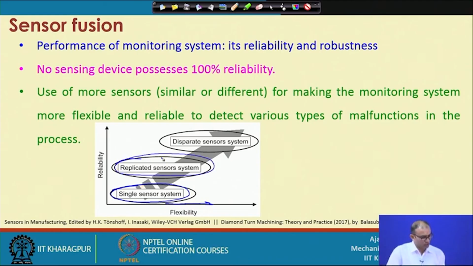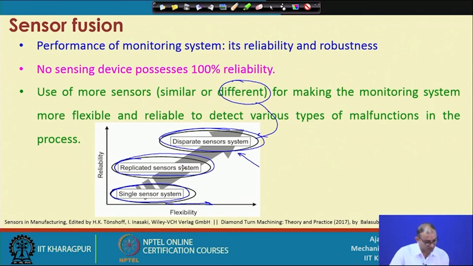Replicated sensor means you are using a similar type of sensor, more than one, to monitor a particular situation. And this is called a disparate sensor system, where you are measuring a single quantity using different sensors, right. These sensors are different and work on different principles of measurement.